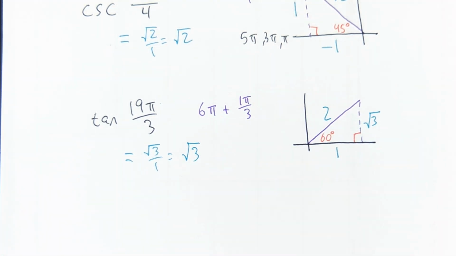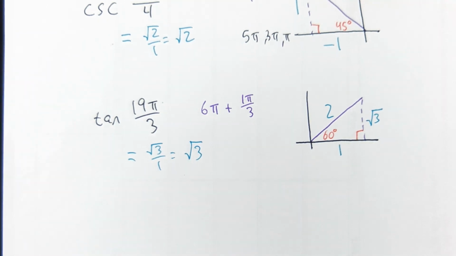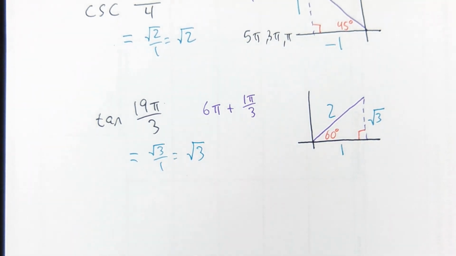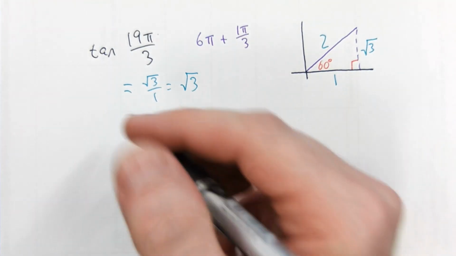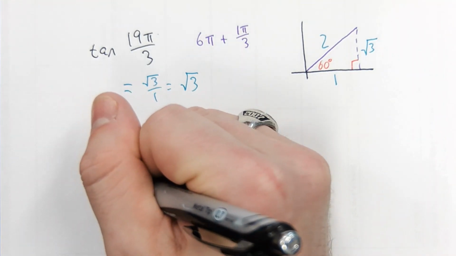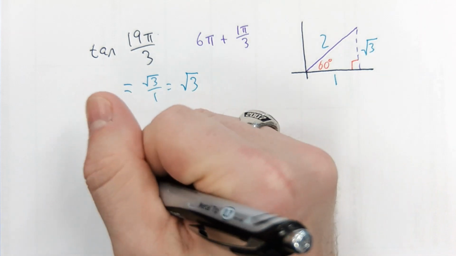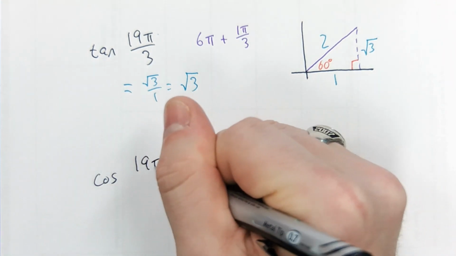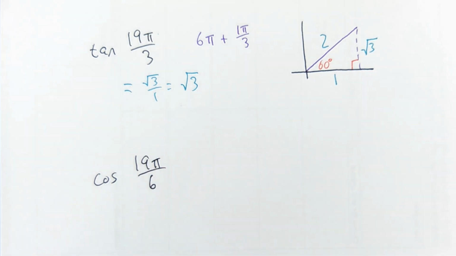And just to say it's complete, let's go ahead and do an over 6. How about secant? No. Let me do cosine, since secant is its reciprocal. Let me do cosine of 19 pi over 6. Let's figure out where that is.